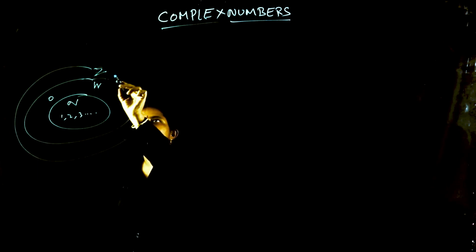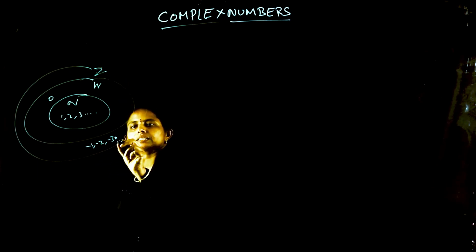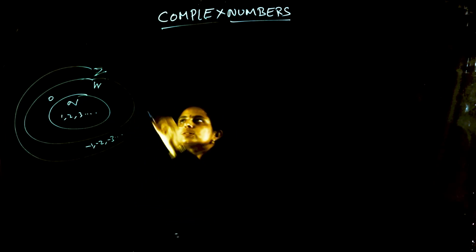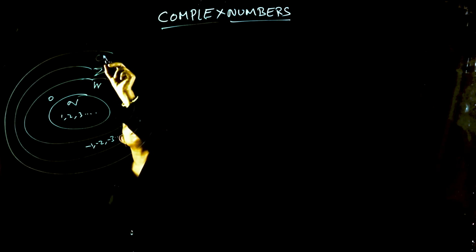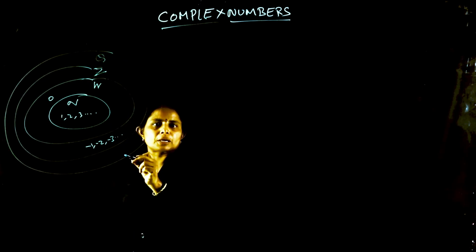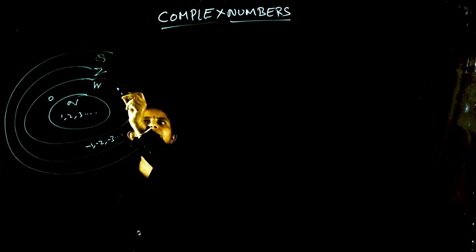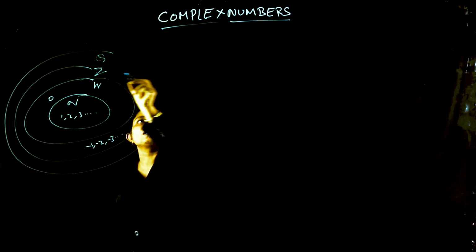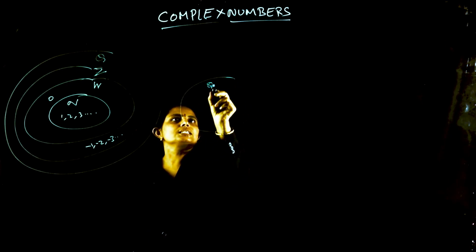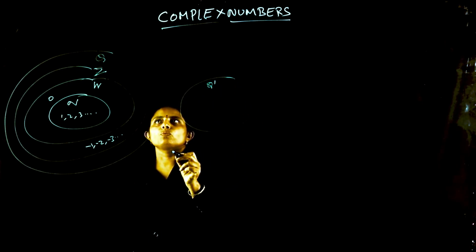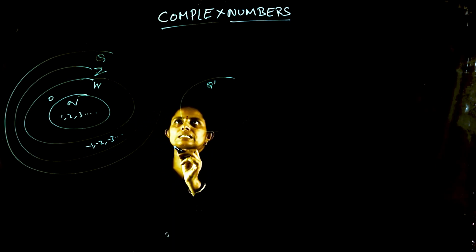In integers there will be the negative number system: minus 1, minus 2, minus 3, and so on. These integers are a subset of rational numbers, which are in the form p by q, that is, we can express them as a ratio of two integers with no common factor, and then irrationals, Q dash. These are the numbers which we cannot denote as a ratio of integers.